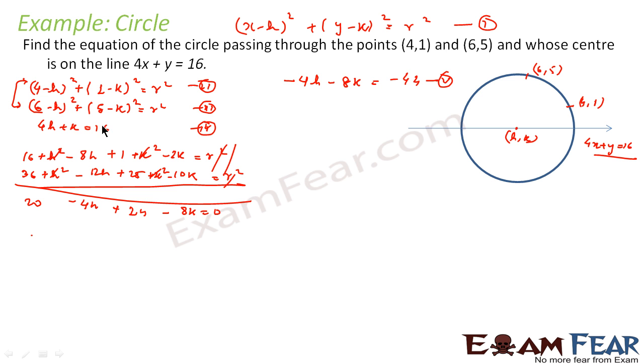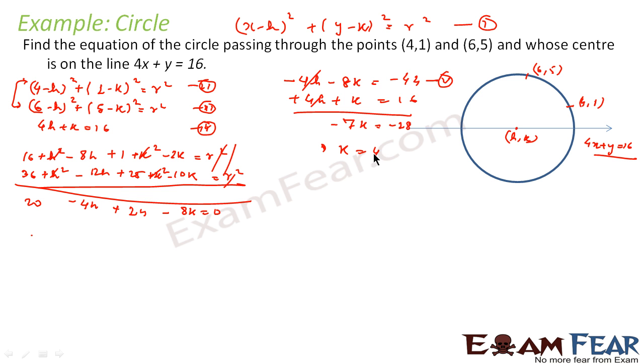Now we'll compare this equation and this equation. I'll add this equation, 4h plus k is equal to 16. So we add these 2 equations. The 4h and minus 4h cancel. What we get is minus 7k, and this comes out to be minus 44 plus 16, that is minus 28, or we get k is equal to 4.